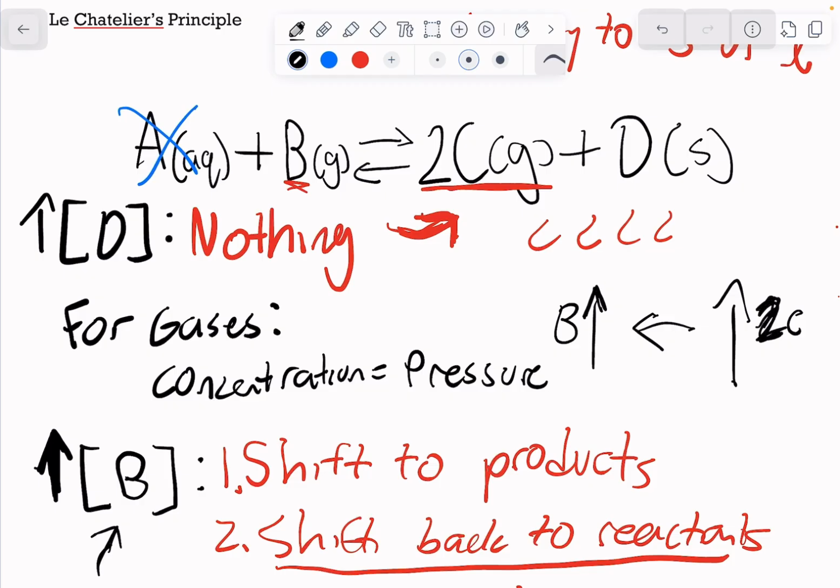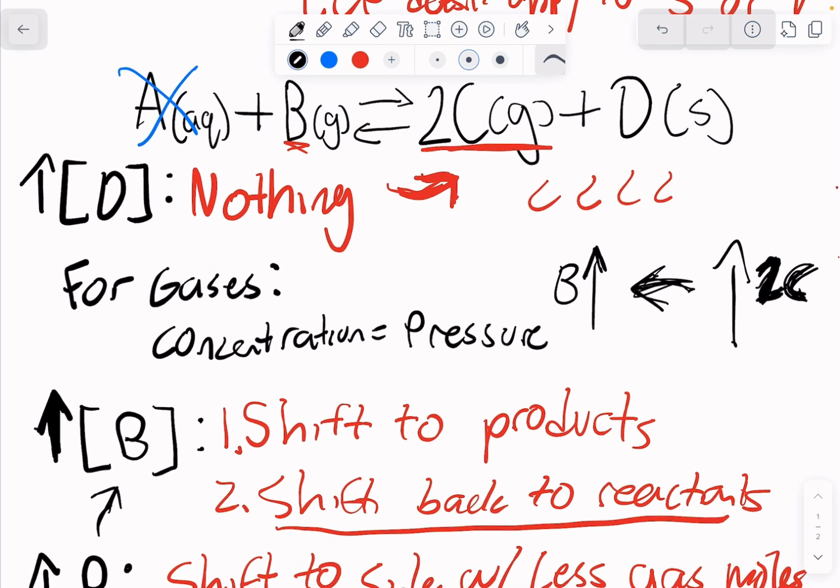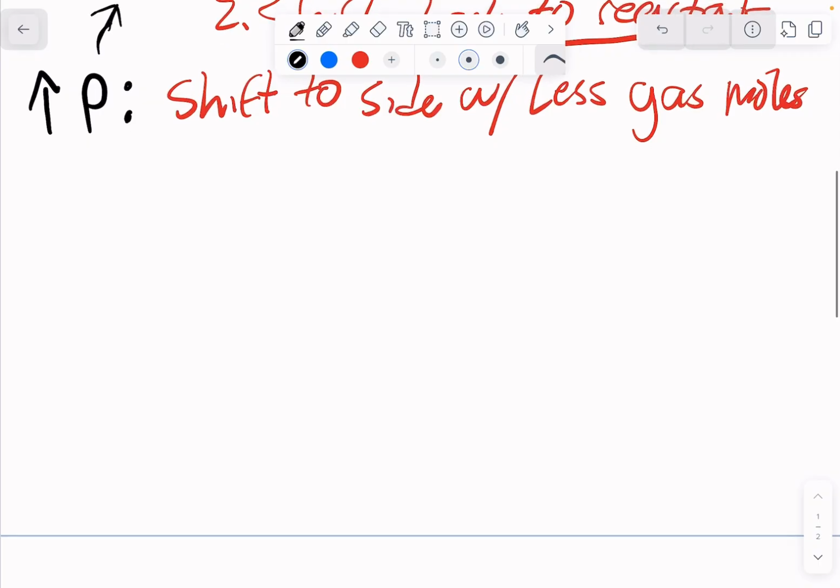Rather than before, when we increased B, we were yielding so many moles of C that it was just too much pressure. So by doing this, the pressure is balanced out. So the same thing applies. It will shift to the side with less moles of gas. Now what if we decrease the pressure?